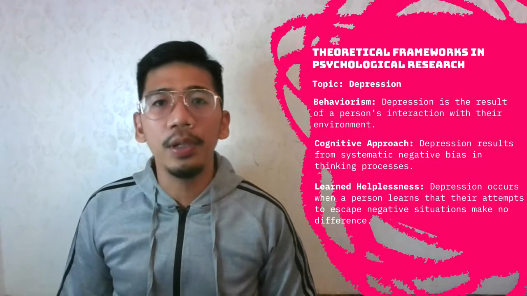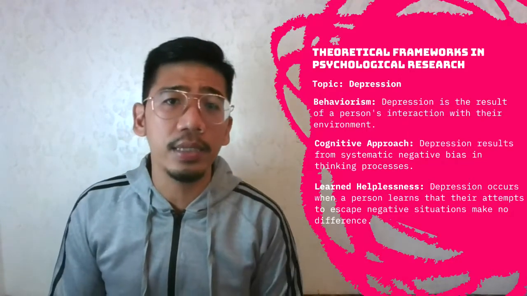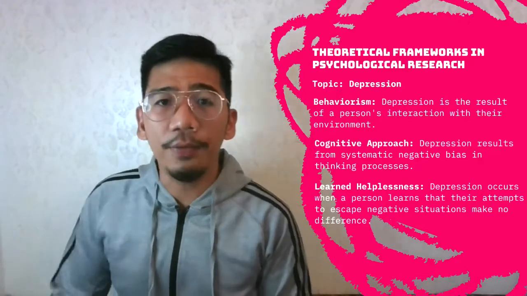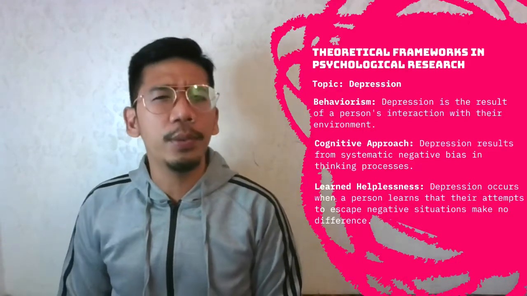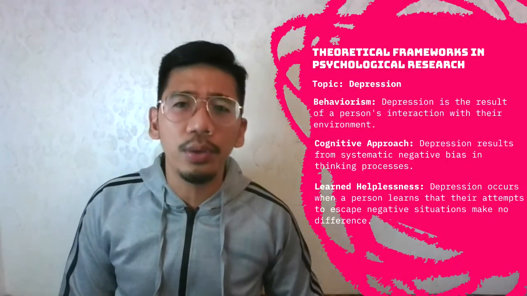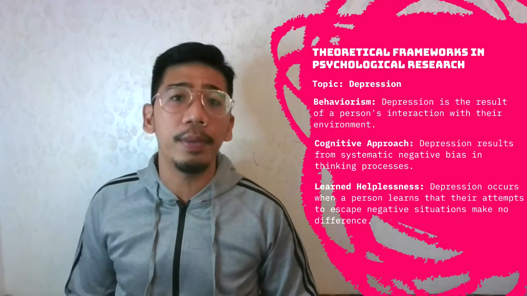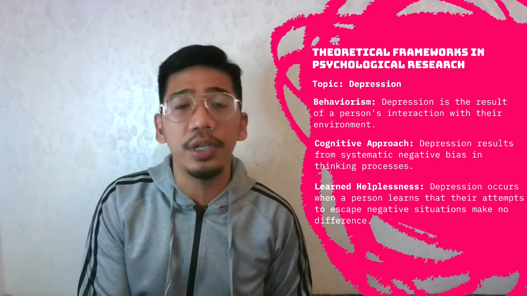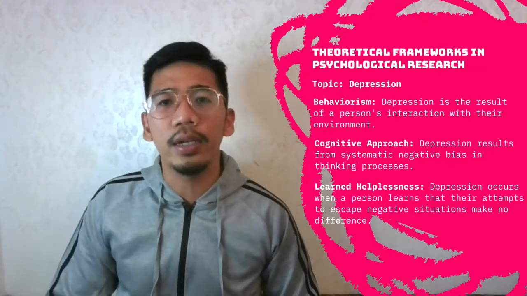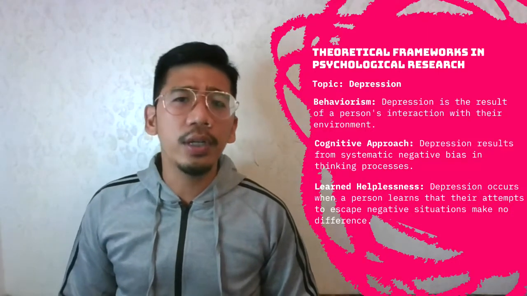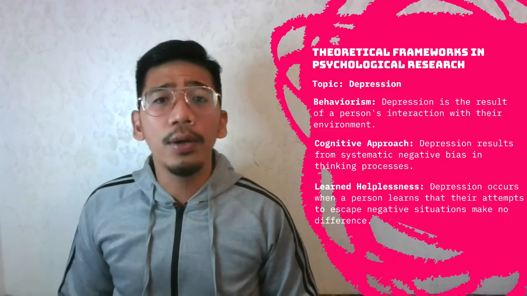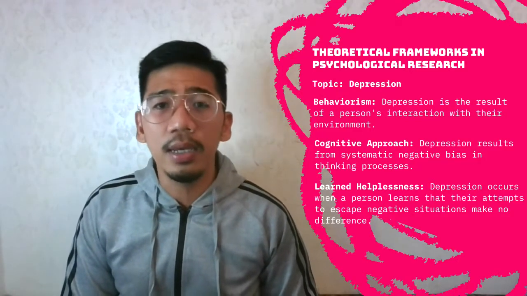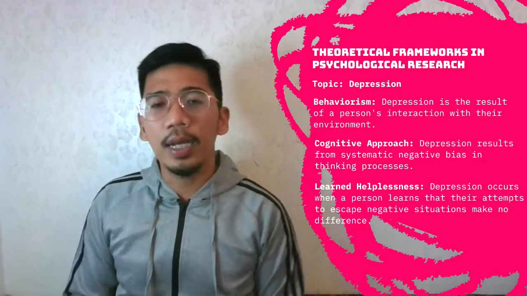For example, behaviorism emphasizes the importance of environment in shaping behavior. The focus is on observable behaviors and the conditions through which individuals learn behaviors, namely classical conditioning, operant conditioning, and social learning theory too. Therefore, depression is the result of a person's interaction with their environment in this theoretical lens.